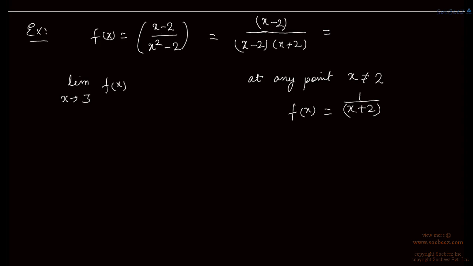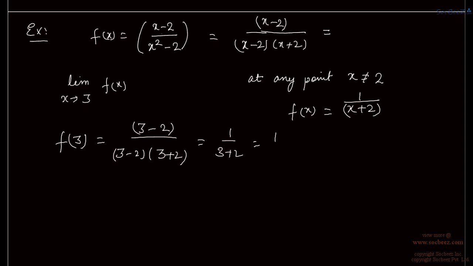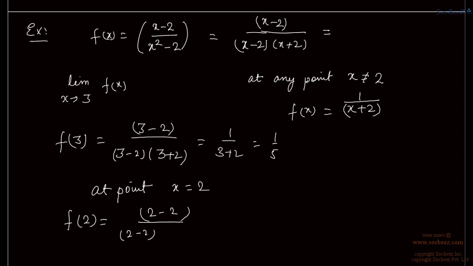See, suppose we are calculating the value of f(3). So what is the value of f(3)? That is 3 minus 2 upon (3 minus 2) into (3 plus 2), which is equal to 1 upon 3 plus 2, which is equal to 1 upon 5. But notice that at point x is equal to 2, what happens? Suppose we are going to calculate f(2), then (2 minus 2) into (2 plus 2).